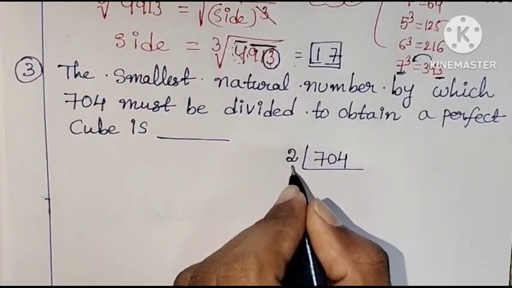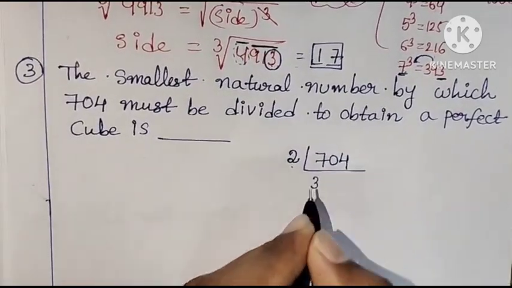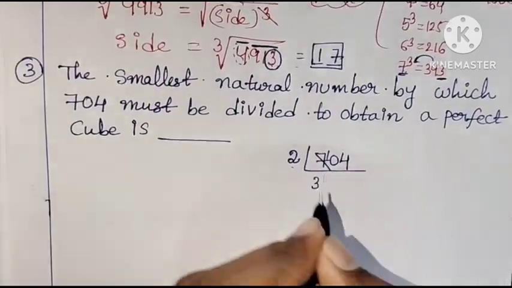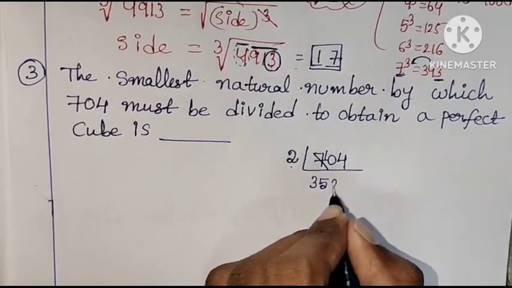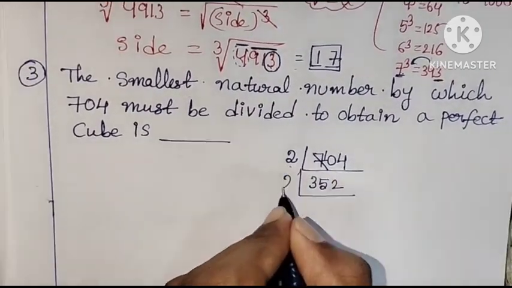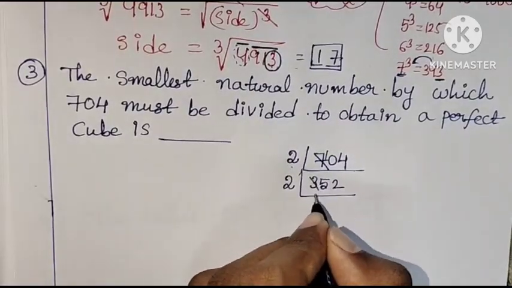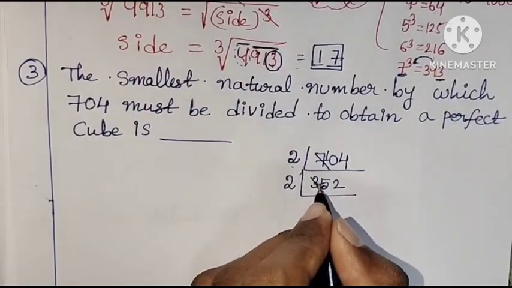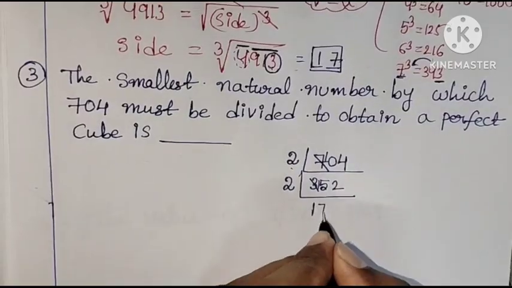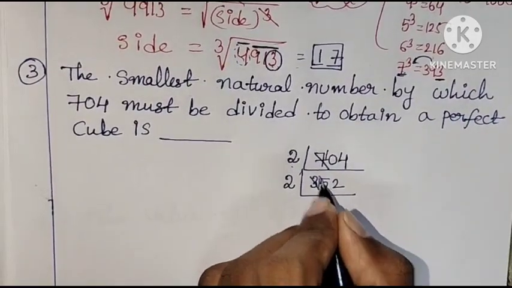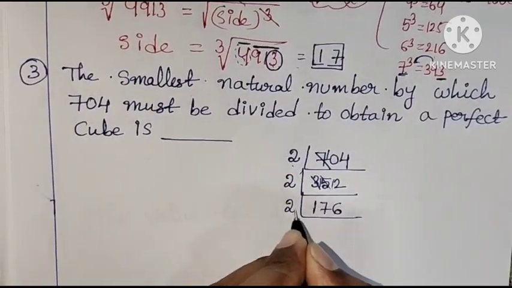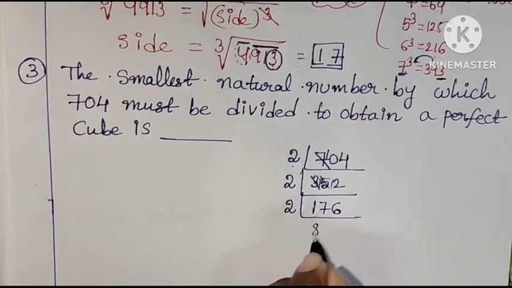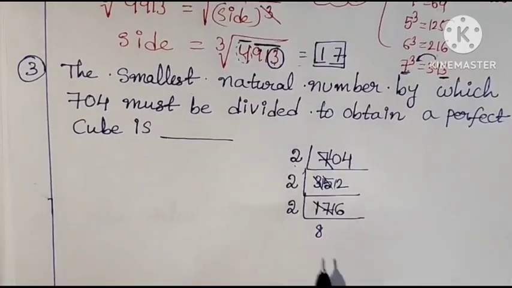Let's start with the least prime number 2. 2 3s are 6, 1 carry forward, 10, 2 5s are 10 and 2 2s are 4. Again 2 table. 2 1s are 2, 1 carry forward, 15. 2 7s are 14. Again 2 table. 2 6s are 12. 2 8s are 16. 1 carry forward.